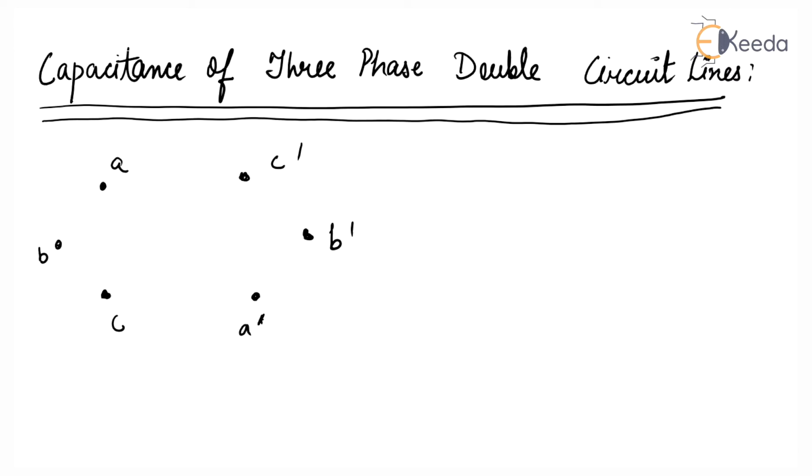So distance from A to C dash is D1. Distance from A to B dash, this is D2. Distance from A to A dash, D3. Distance from B to B dash, D4.